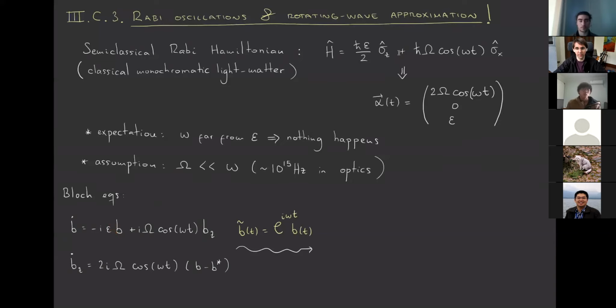And then when you multiply it by a phase factor, which has the opposite type of phase, so the plus instead of the minus, then what you are doing is discounting the evolution at frequency omega. So omega is close to epsilon, and therefore when omega is equal to epsilon, you are discounting the full free evolution. And then this thing here can be seen as a slowly varying amplitude or variable.